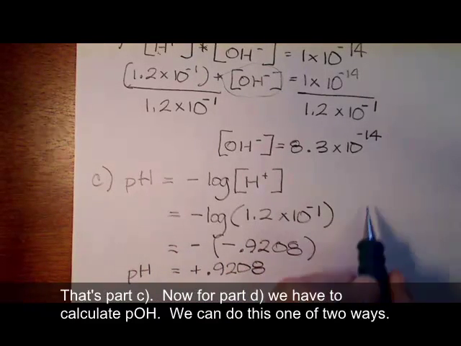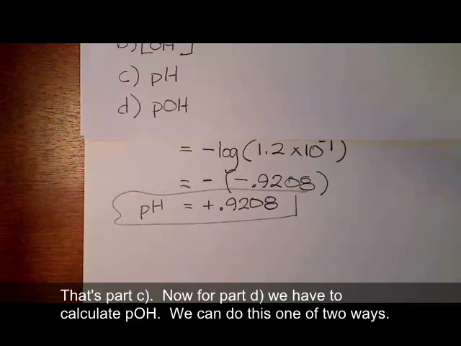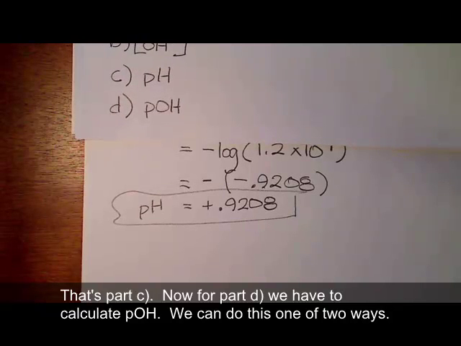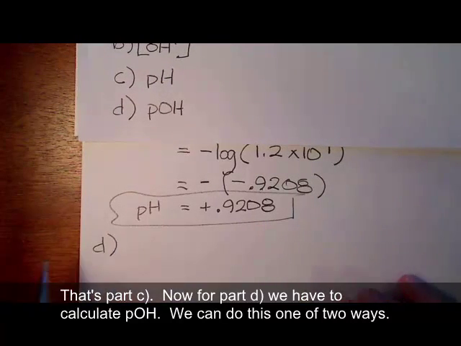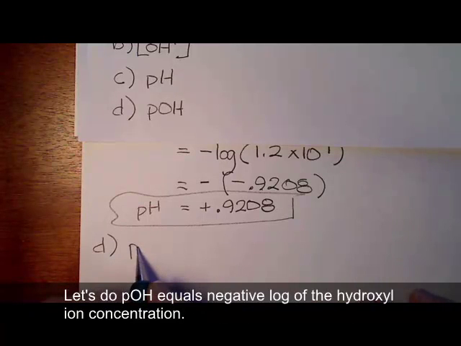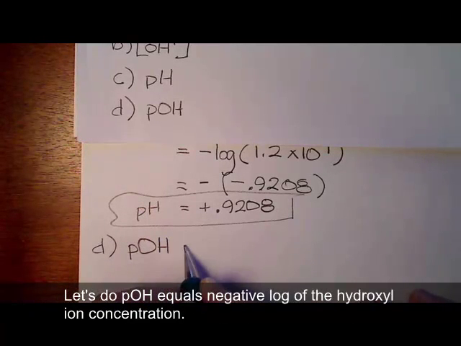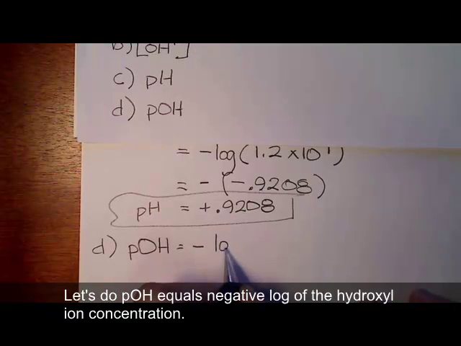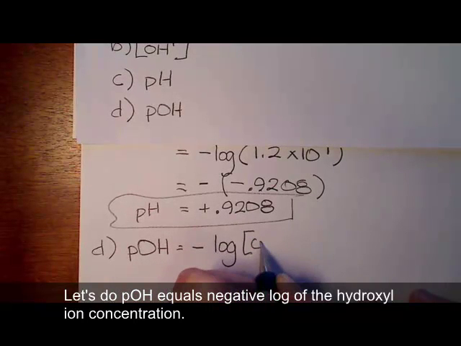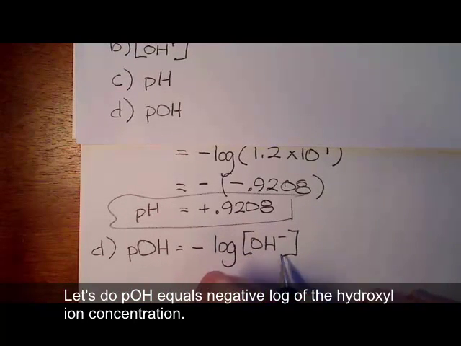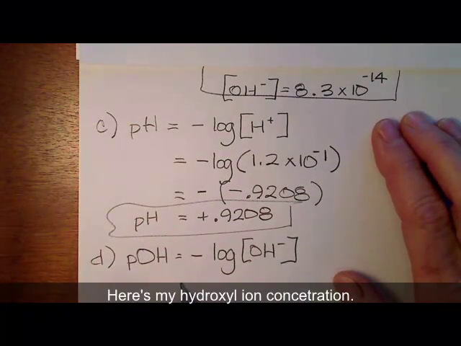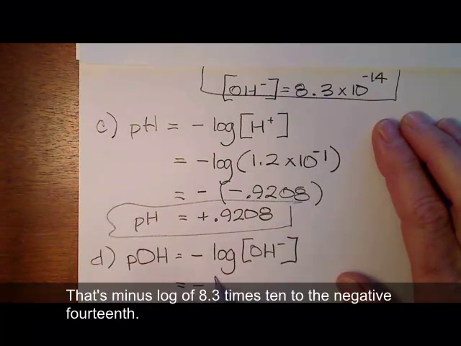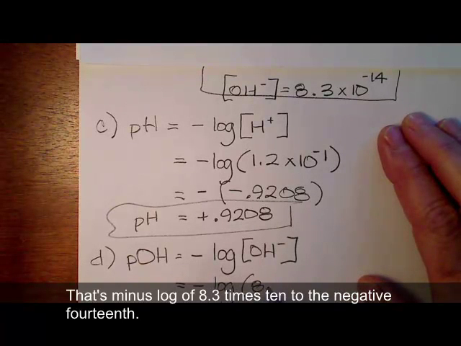That's part C. Now for part D, we have to calculate the pOH. So we can do this one of two ways. Let's do pOH equals negative log of the hydroxyl ion concentration. Okay, here's my hydroxyl ion concentration. So I have minus log of 8.3 times 10 to the negative 14th.